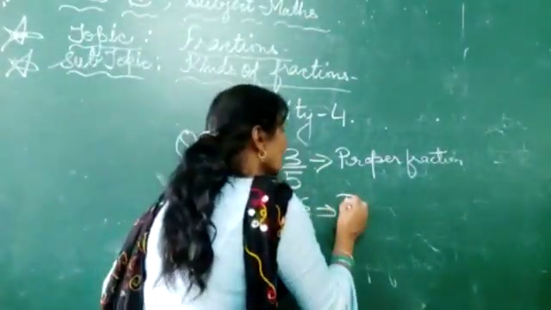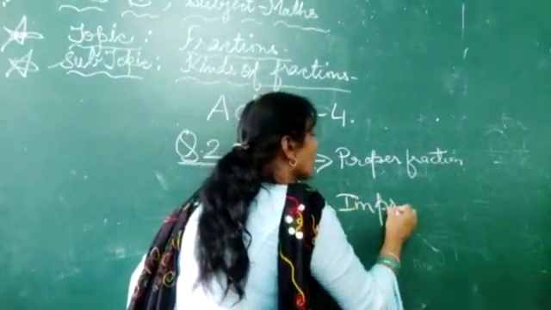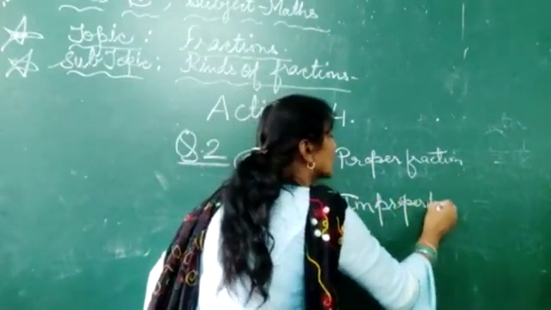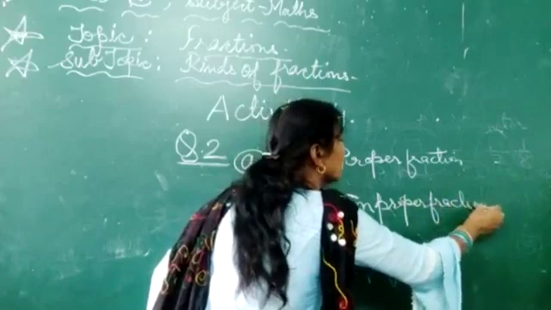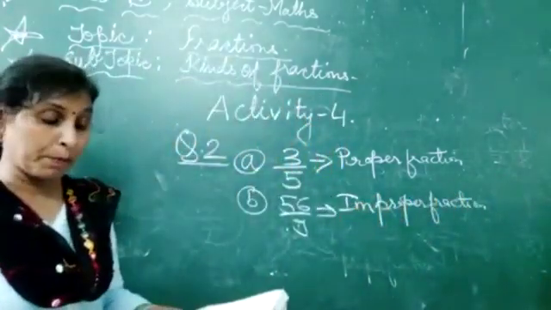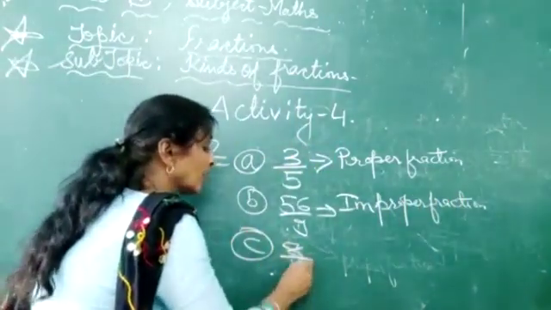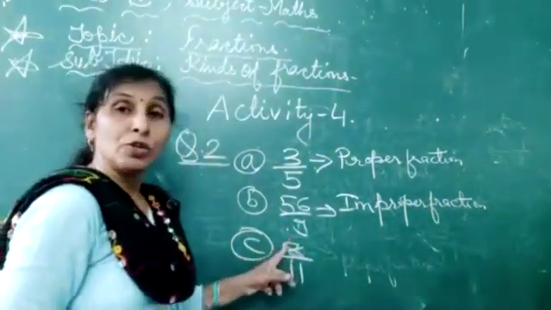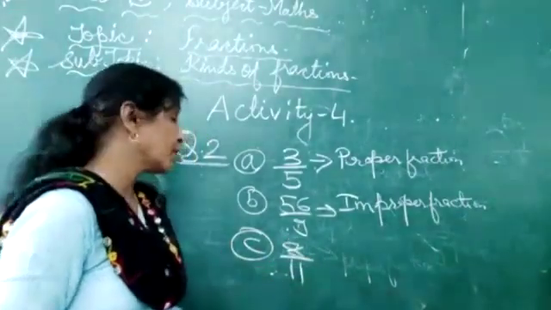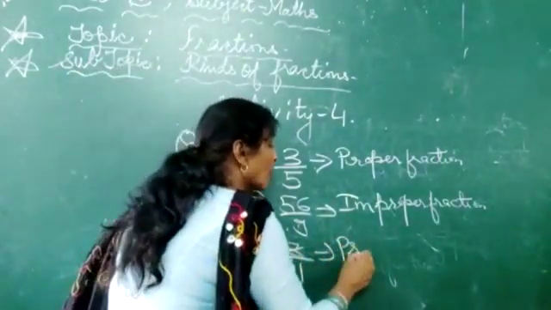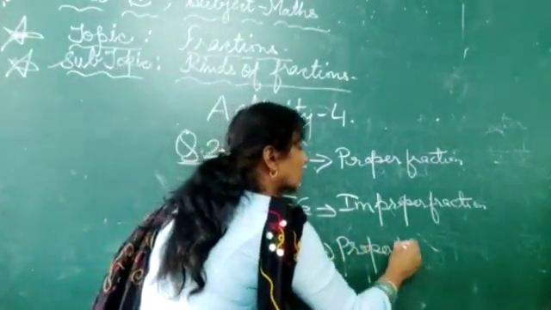So this fraction is improper fraction. ये किस टाइप का फ्रैक्शन हो जाएगा बच्चों? Improper. Now the C one, that is 8/11. Again you see the numerator is less than the denominator. So this is proper fraction.